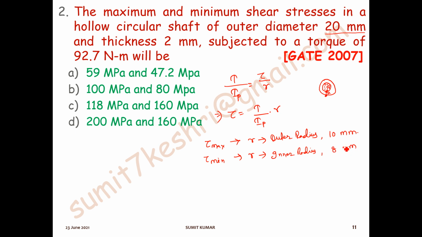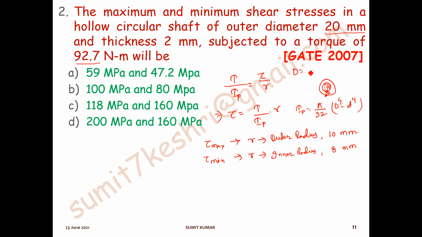Now, we know the value of IP for a hollow shaft. IP is equal to what? Pi by 32 into capital D to the power 4 minus small d to the power 4, where capital D is the outer diameter and small d is the inner diameter. The value of torque is given, 92.7, and capital D and small d are also given.